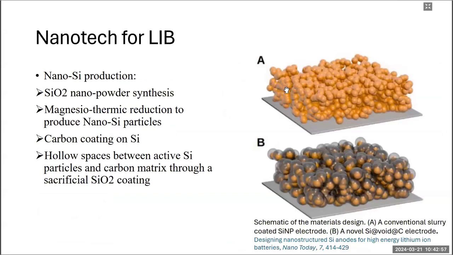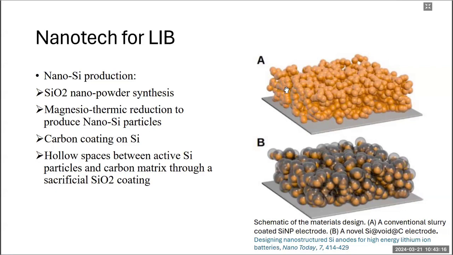That's the explanation. So people are trying to make the capacity better. So they are trying to integrate silicon with it because silicon has very good capacity, but its degradation is very fast. So what I have said earlier, that if you make this nano size silicon particle, your expansion can be lower.